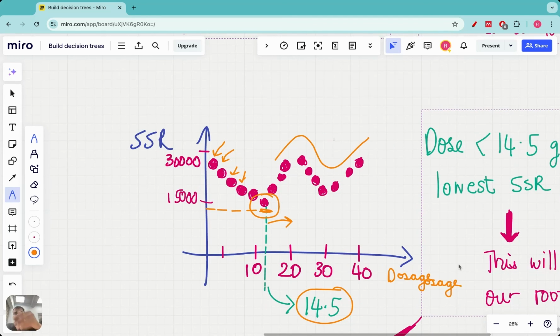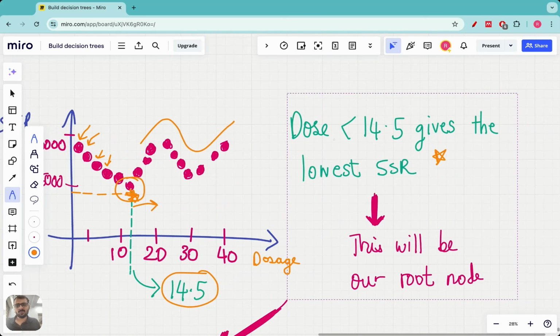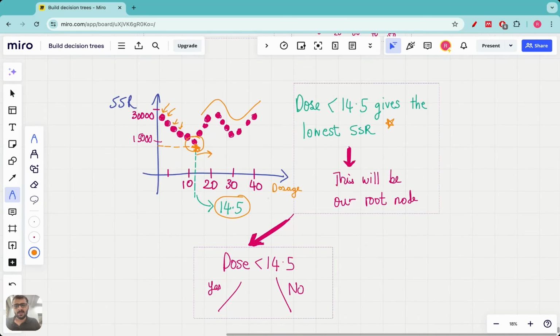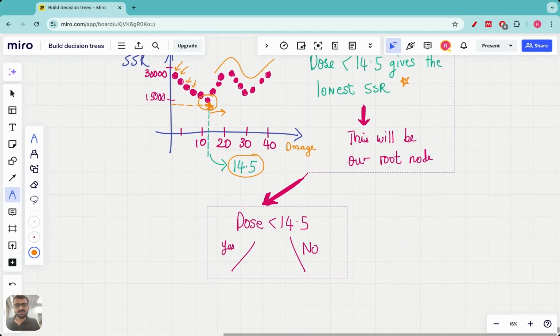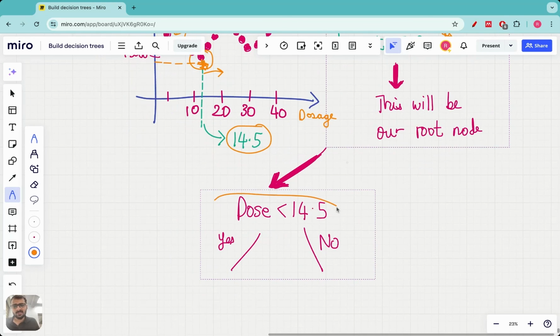So you plot the SSR against the dosage, and you check the dosage which gives the lowest SSR. So here it turns out that dosage less than 14.5 gives us the lowest SSR, and that's why this will be our root node. So up till now we have reached this stage of constructing the decision tree where we have finalized the root node, and that will further split into two branches, yes or no.